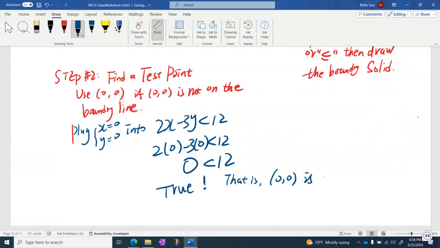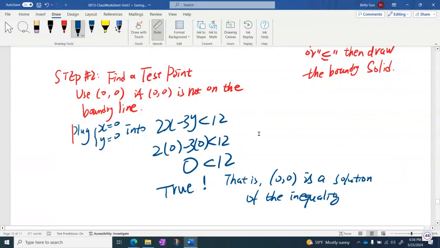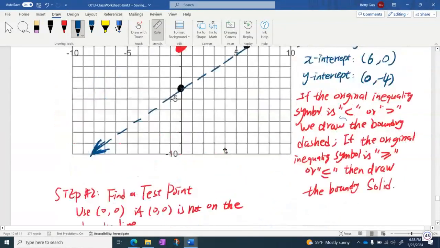That means 0, 0 is a solution of the original inequality. It means 0, 0 is supposed to be in the solution set, in the region that represents the solution set.